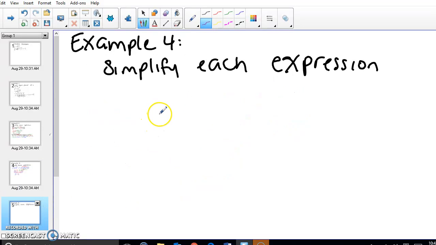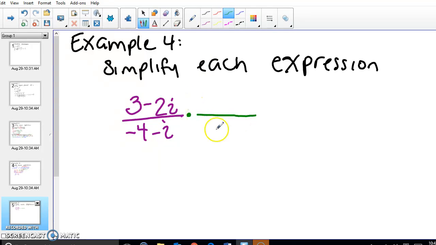Moving on to our last example, we're going to continue to simplify each expression, but now we're going to use division. Now when we do this, because it's not proper to have an i in the denominator, we're going to multiply by the conjugate. Conjugate is when we use the same first term and last term, but we change the sign in the middle.